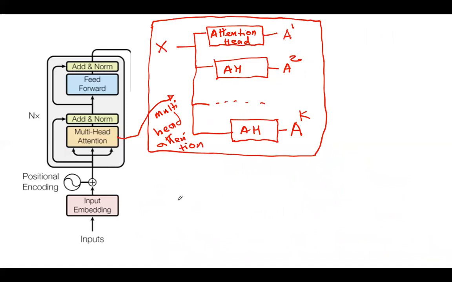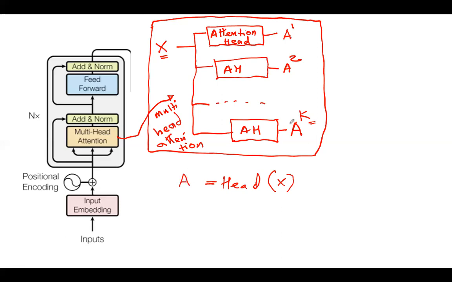Okay, so what would be the next step? So this is the single head. So let's say we have an input X, and we feed it into one attention head, we get one A output. In that way, we can have, let's say, K number of parallel heads, right? And these heads are independent. Each of these heads is simply taking X and producing the A matrix.